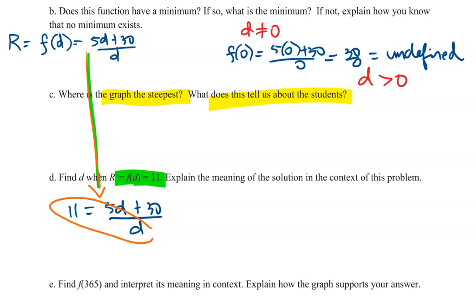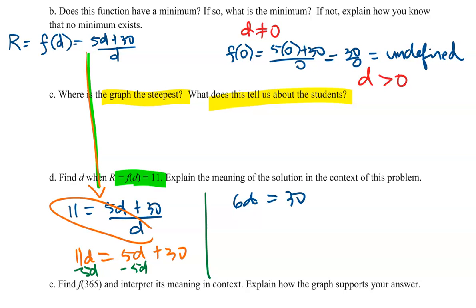Cross multiply this. That's 11d is equal to 5d plus 30, and then subtract 5d both sides, so that we have 11d minus 5d is 6d is equal to 30, and then divide by 6 both sides, so that d is equal to 5.